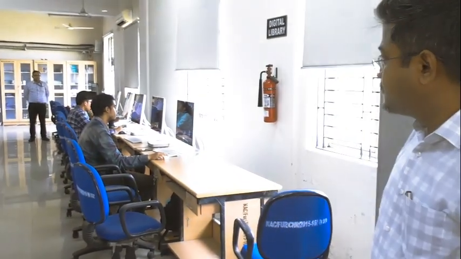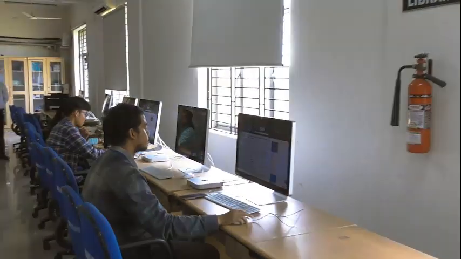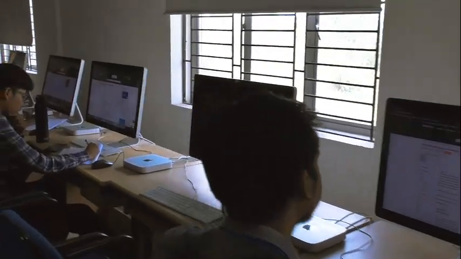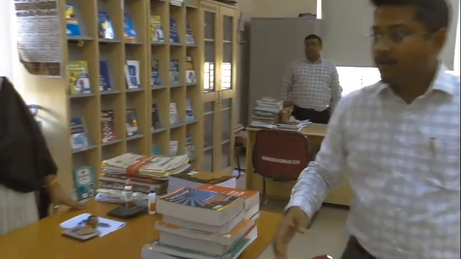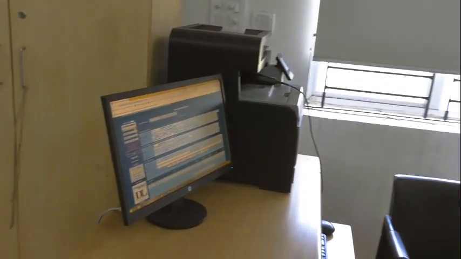We have IEEE transaction rights and also the National Digital Library facility, and our library is equipped with Agartala software, which is an automated software for library accession, and this has been designed by NIC. This is the library automation software that is being used.